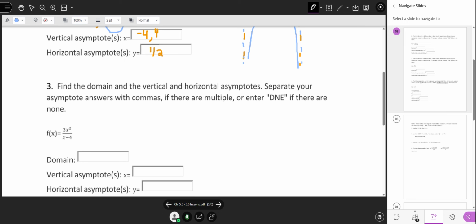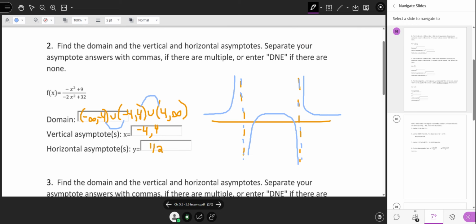Find the domain and the vertical and horizontal asymptotes. Separate your asymptote answers with commas. Did it say separate? Oh, it did say separate your answers with commas. I did not catch that before. I lied.